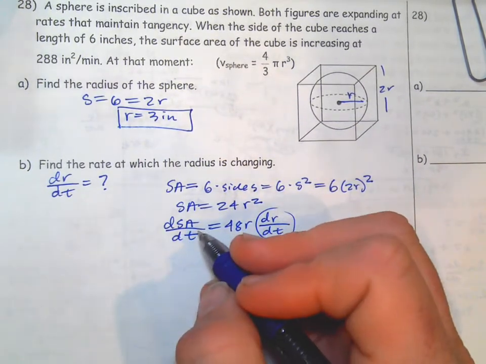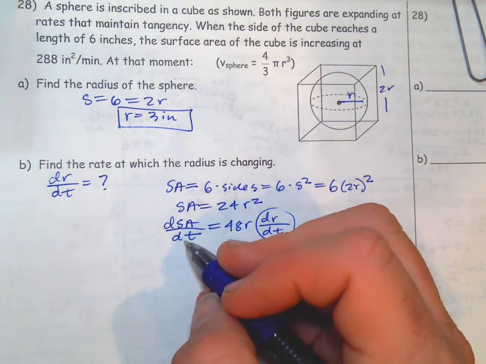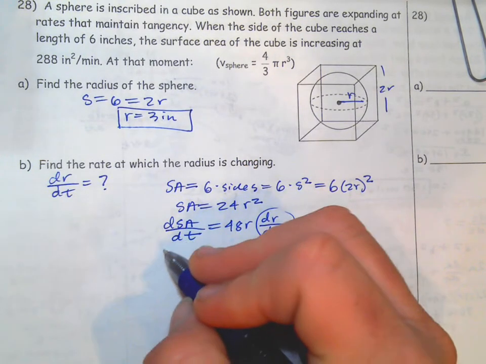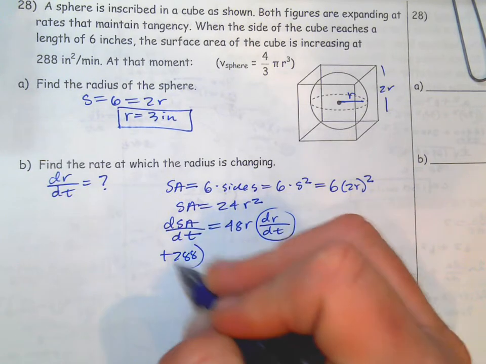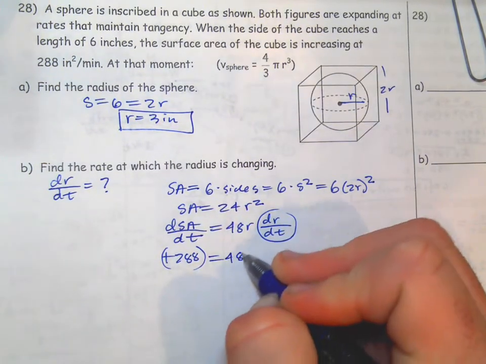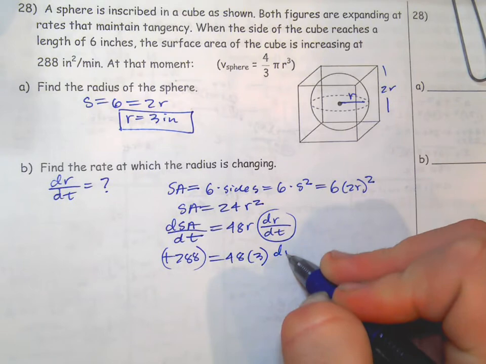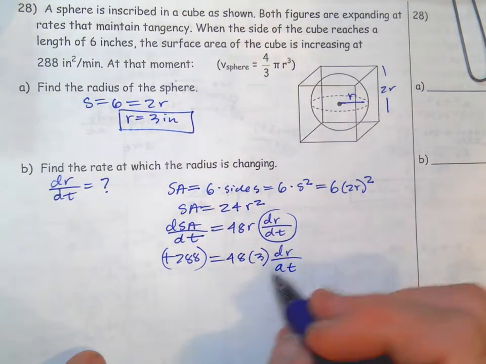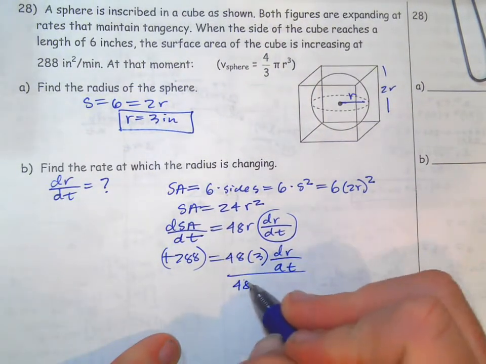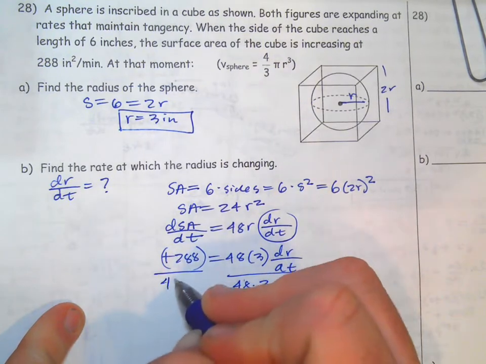The surface area rate they gave us was positive 288, and the radius we just found in part A was 3. So we're going to divide both sides by 48 and 3.